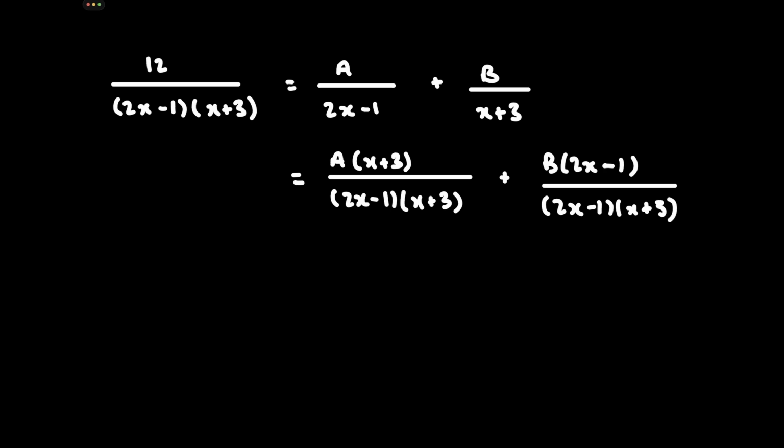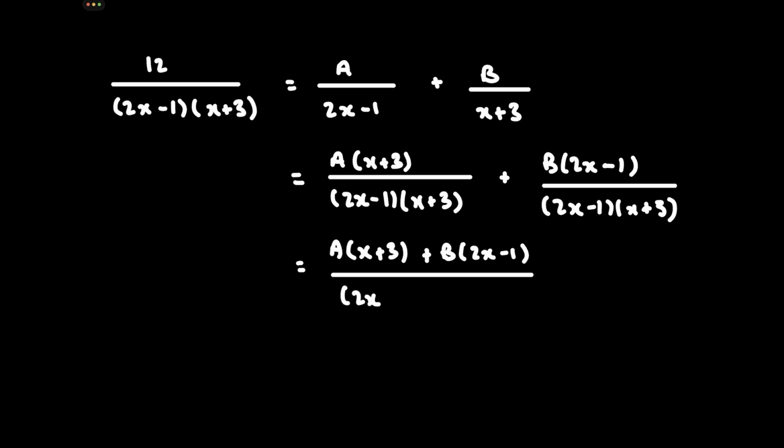And we can do the same thing as before. We can just merge them together because they have the exact same denominators. And we know that's all equal to the fraction on the left-hand side of the equation, our original question.